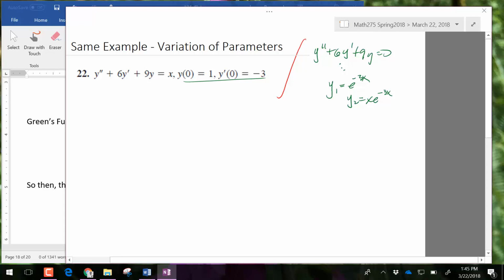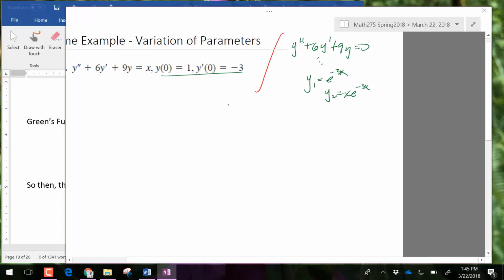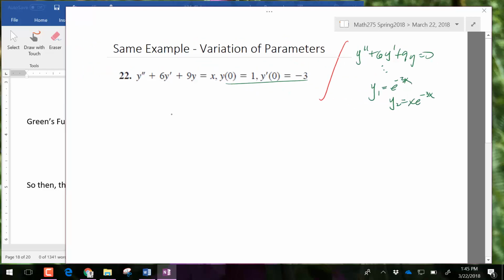So we'll just go through the steps. I mean, we did it already. yh equals c1 e to the negative 3x plus c2 x e to the negative 3x. And so we got y sub h is equal to e to the negative 3x.